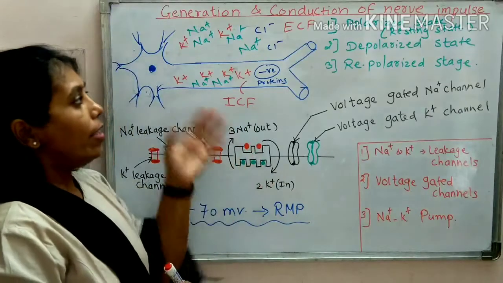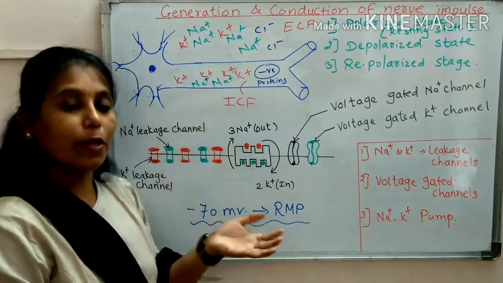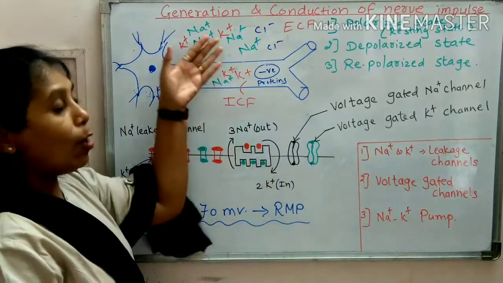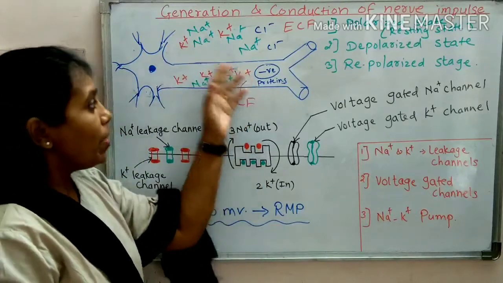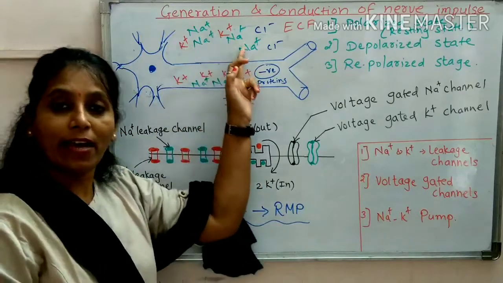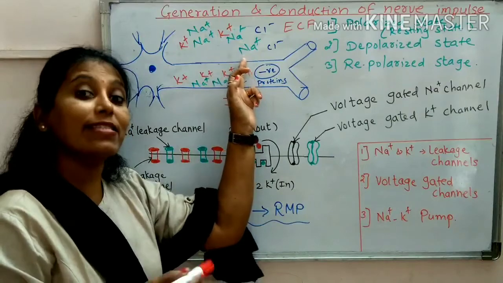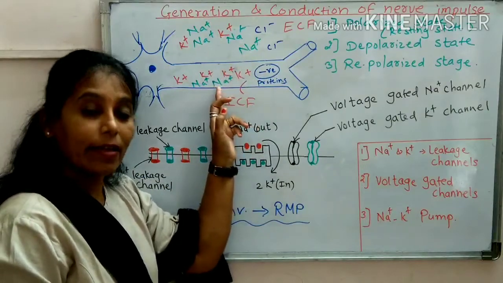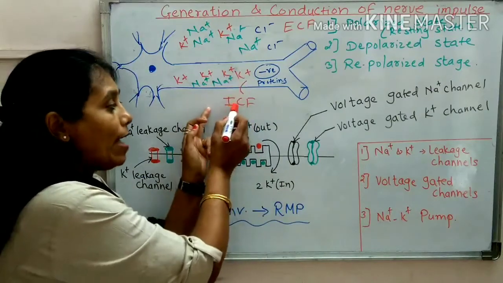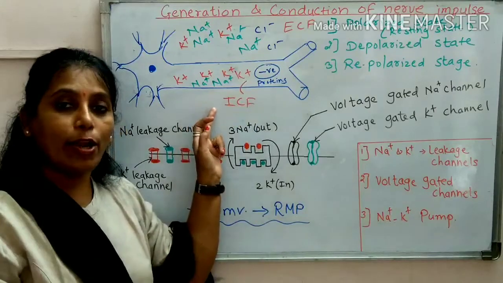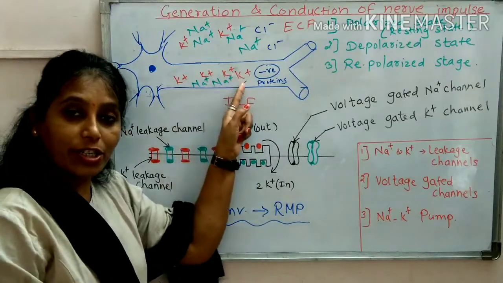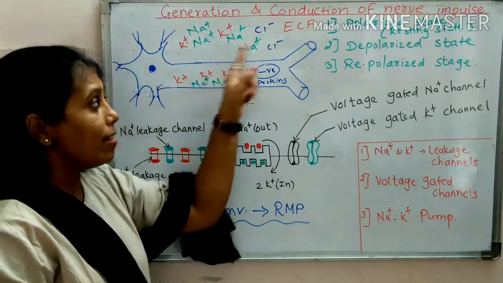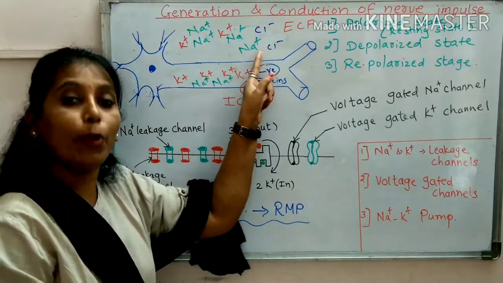Now if you observe, you will find that outside the axon, more sodium ions are present as compared to inside. In the ICF, the intracellular fluid, more potassium ions are present as compared to the outer fluid.